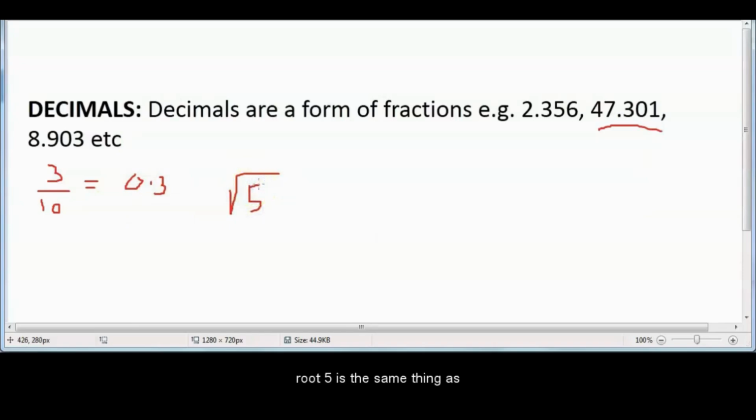Root 5 is the same thing as 2.23606 and so on. It keeps going on and on and on. This is not an approximate value. So root 5 is an irrational number.